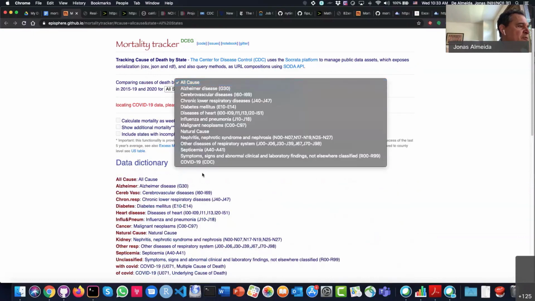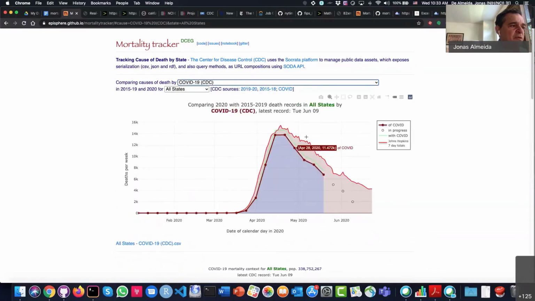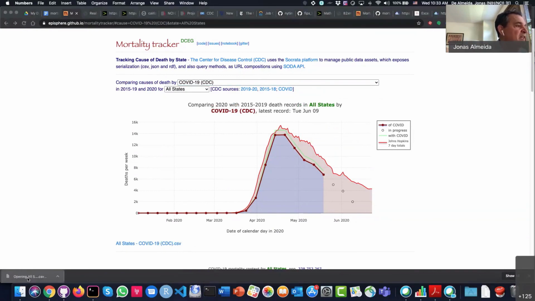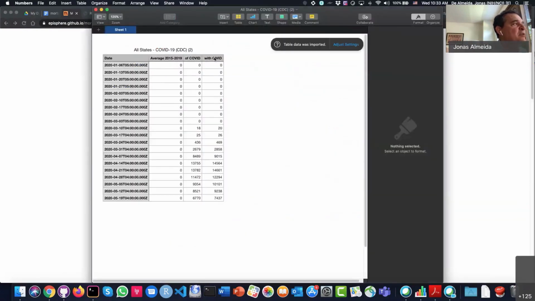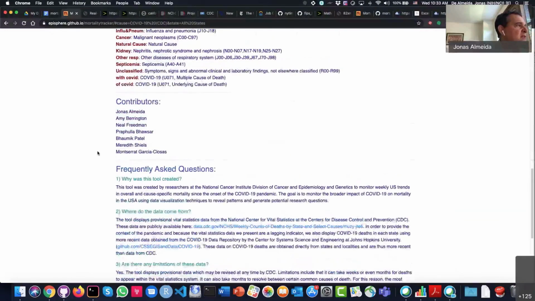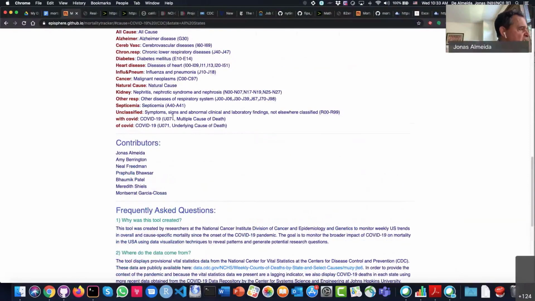And so when you look for COVID, you see these two. The green is with COVID and the red is of COVID. And when you open the file, you see that unlike the other causes of death, COVID has two columns, of COVID and with COVID. If you go further down, you can find exact ICD codes. I'm assuming it's ICD codes, so they are right here.